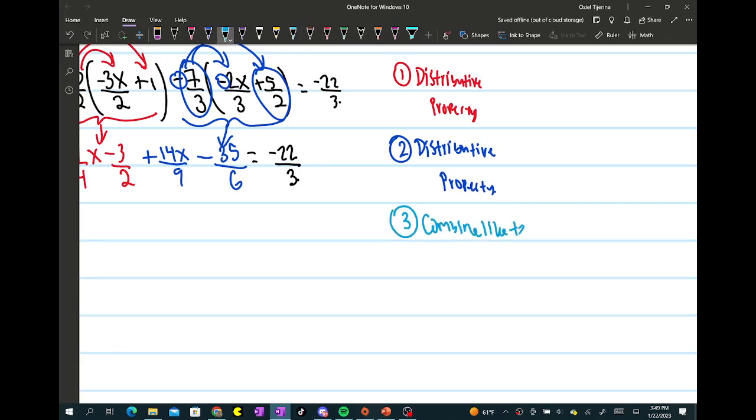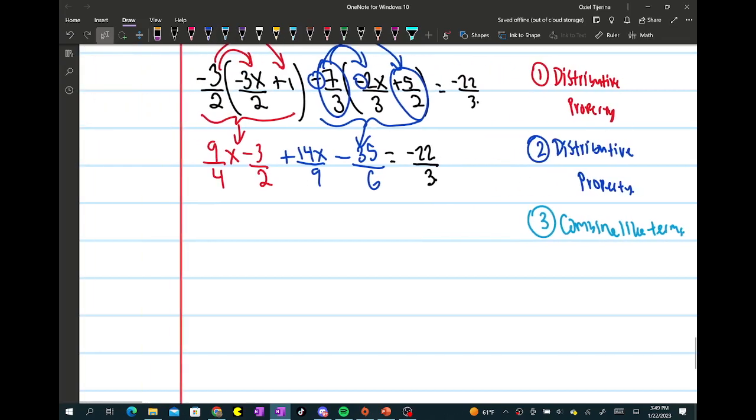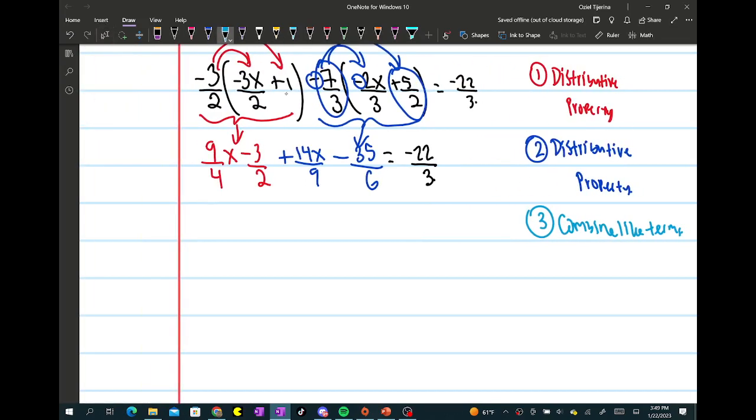Okay. So my like terms here, and again, I'm going to rewrite it the following way. 9x over 4, and I have a 14x over 9, right? So I'm going to just kind of label, I have this and this that I can combine because they're like terms.